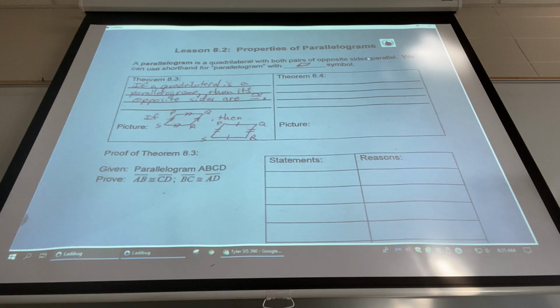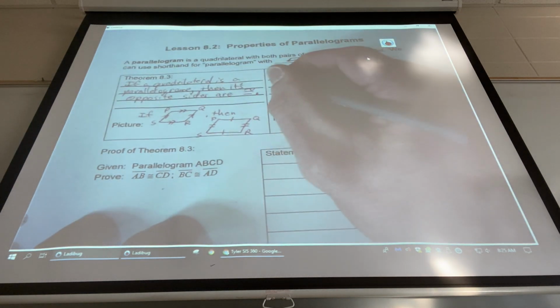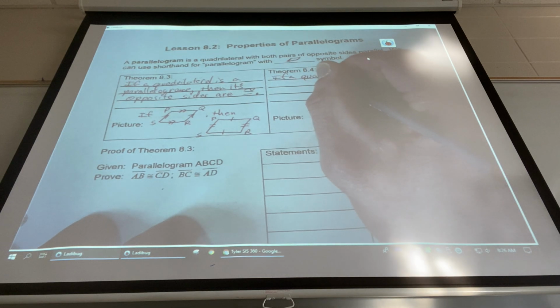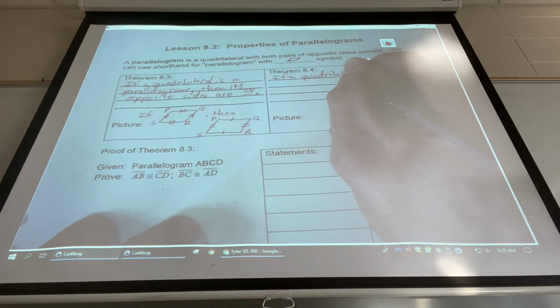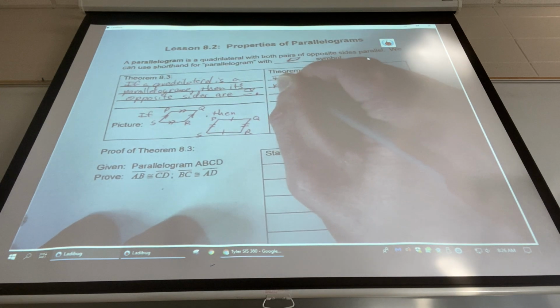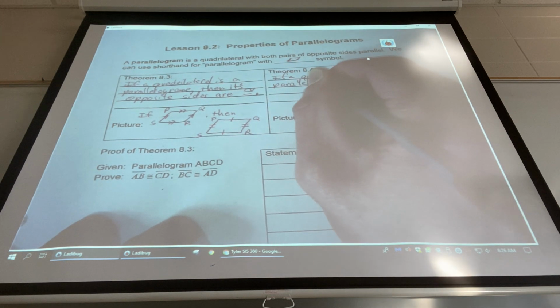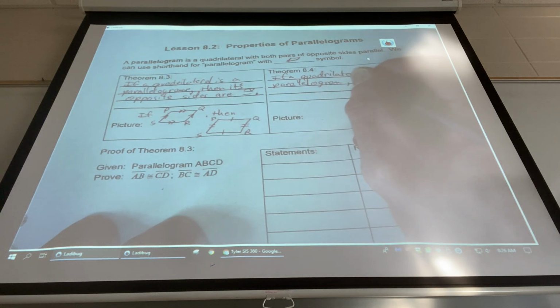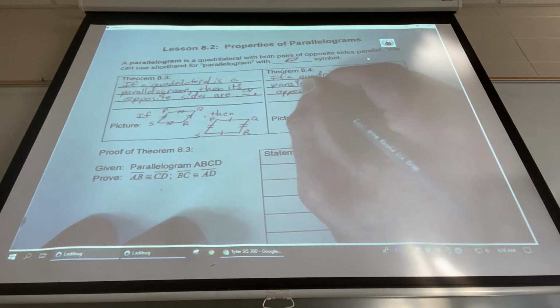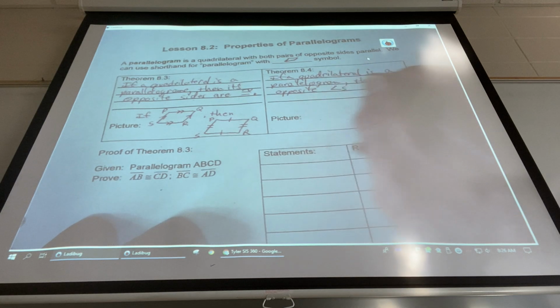Theorem 8.4, if a quadrilateral is a parallelogram, then its opposite angles are, guess what?